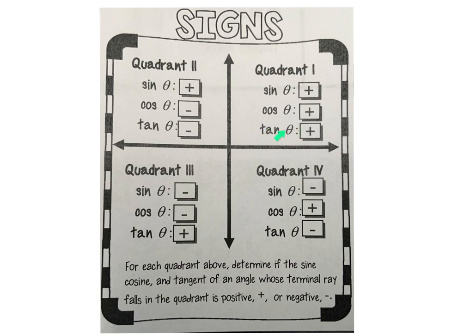It's positive over positive in the first quadrant. My tangent in the first quadrant is positive. In the second quadrant, my sine value or my y value is positive, but my cosine value is negative. Well, my tangent is my sine over cosine, y over x. Because it's a positive over a negative, my tangent in the second quadrant is negative.